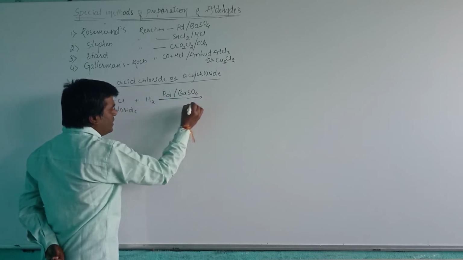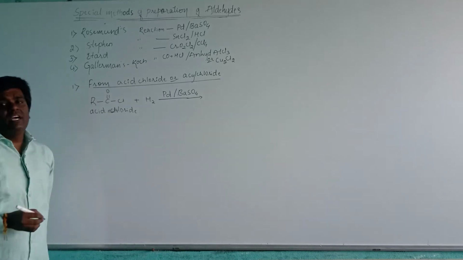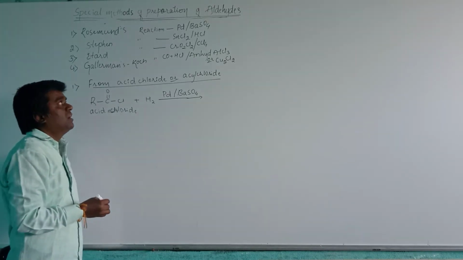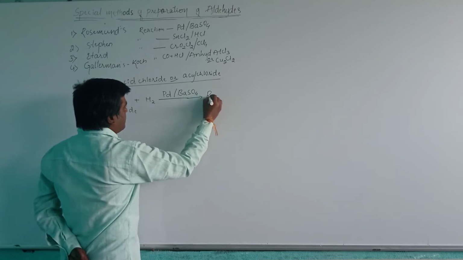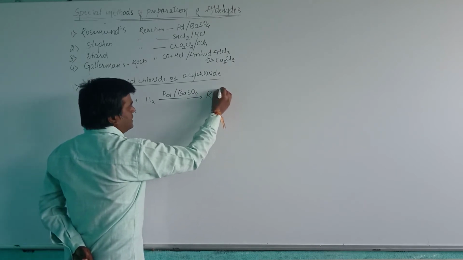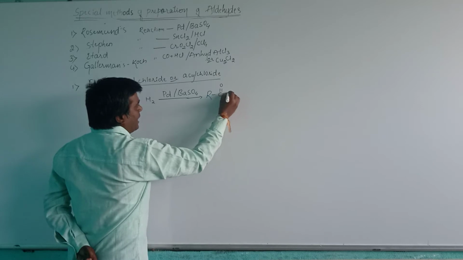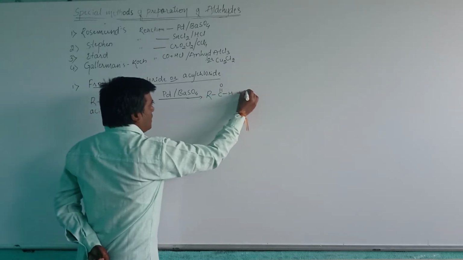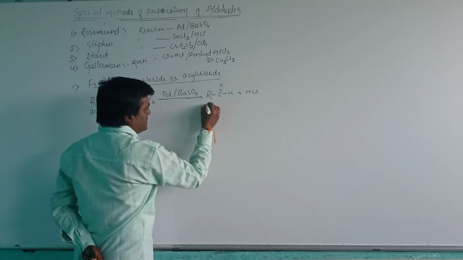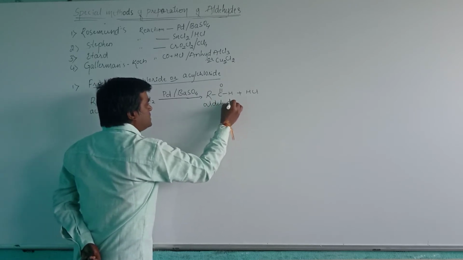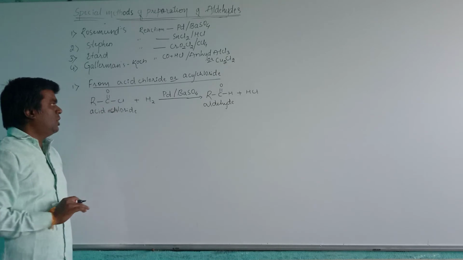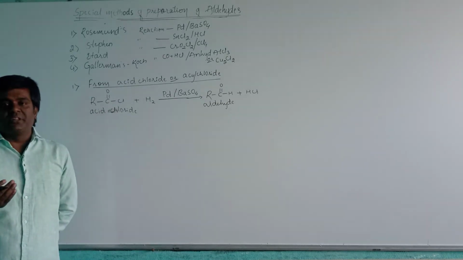Then it undergoes reduction to form the compound called aldehyde. See how it gives aldehyde: R C double bond O H plus hydrochloric acid. This is an aldehyde. This is the general representation of the Rosenmund reduction reaction.